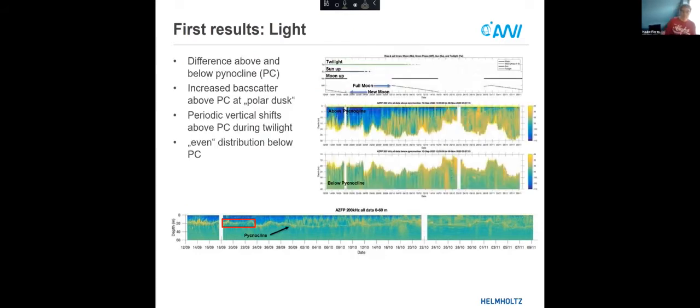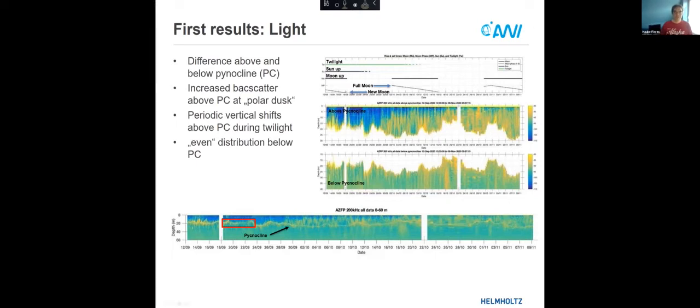And then what we could also see is we made a very rough treatment to the data. We just cut out that piece that contains the pycnocline to look more at the distribution of zooplankton above and below the pycnocline.